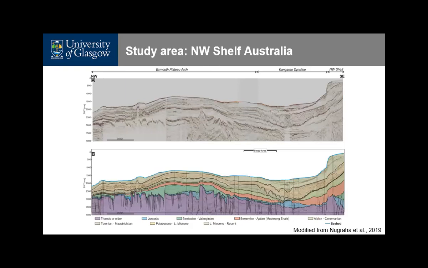This is that seismic data without any interpretation, and this is with interpretation. Our study area is around here, and you can see these are our normal faults in question. Where you see thickening, that's where the hanging wall moved down. Thickening means the fault was active. So that fault was active here, which is the Jurassic in blue, and then a little bit here, which is in the Risian, the early Cretaceous.